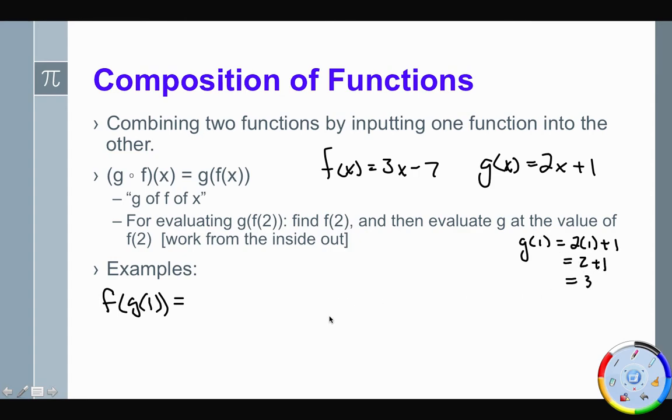So g of 1 is 3, so now we can say what is f of 3. And f of 3 is going to be 3 times 3 minus 7, which is 9 minus 7, which is 2.